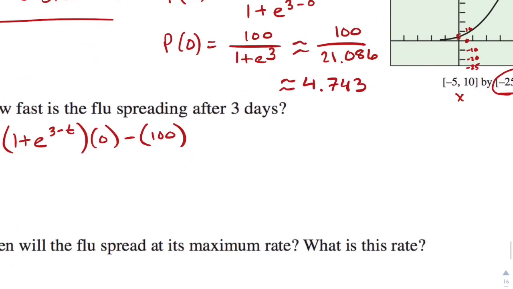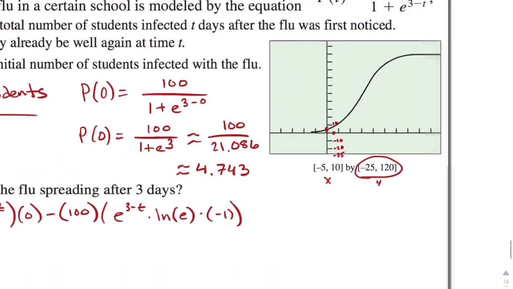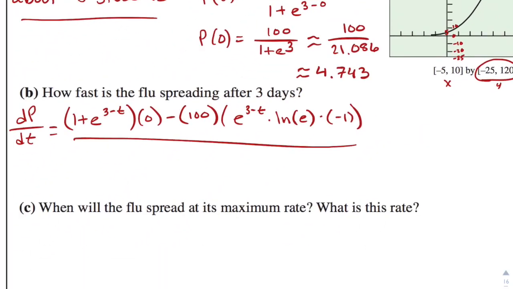So e to the 3 minus t is e to the 3 minus t times ln of e times the derivative of negative t, which is negative 1, all over the denominator squared: 1 plus e to the 3 minus t, quantity squared.